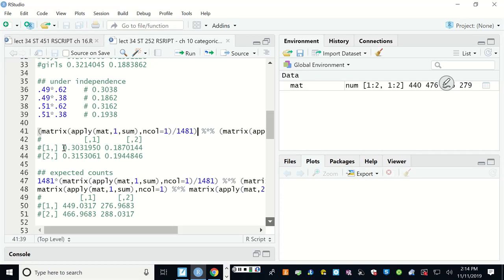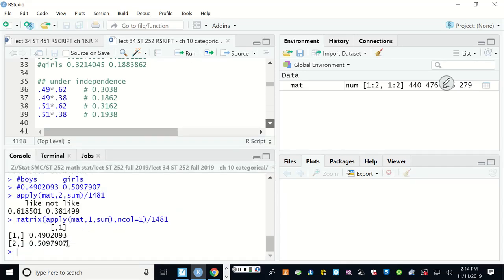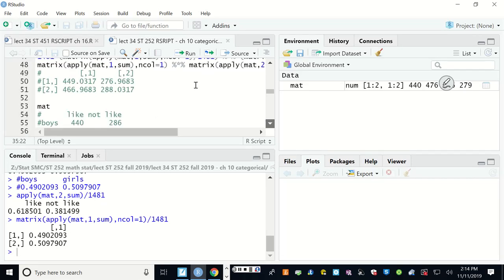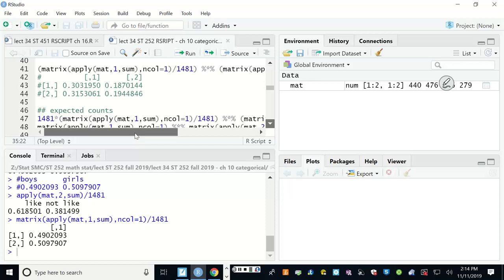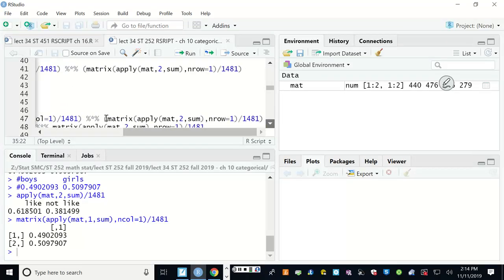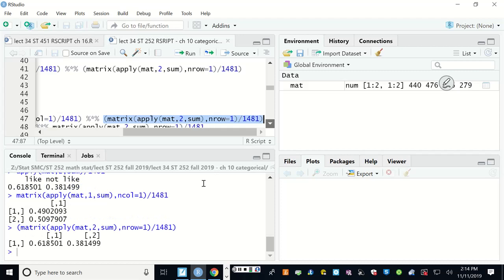So these are the proportions in there under independence. This thing here is the proportions of boys and girls expressed like that. The rest of this part here is set up to be a column, so the proportion of like and don't like.